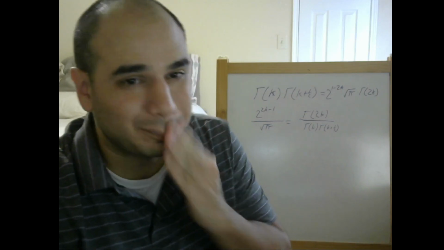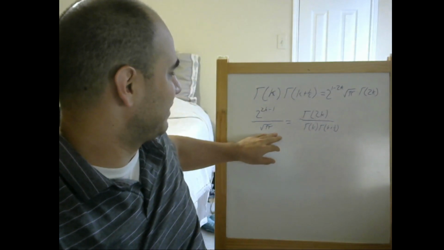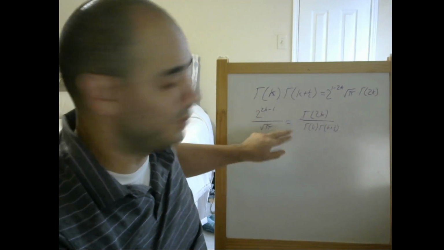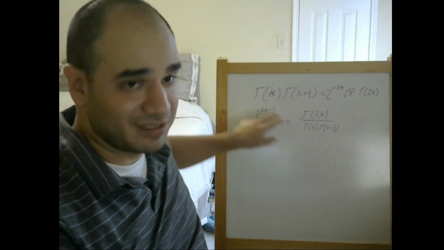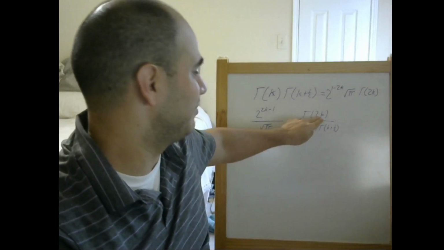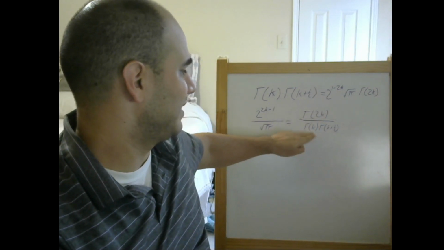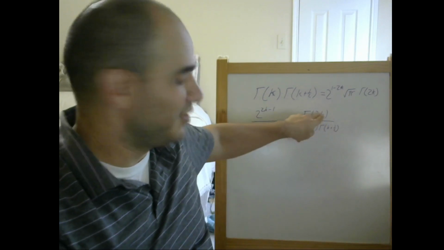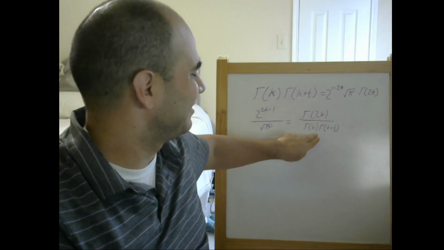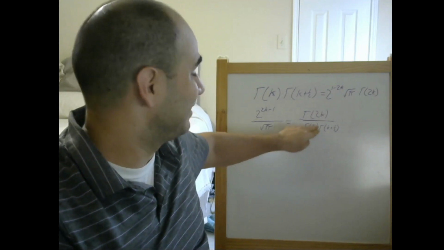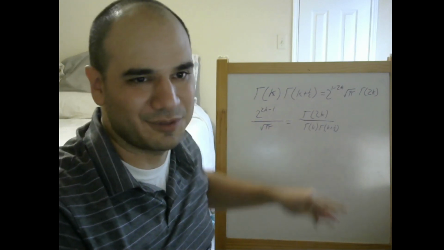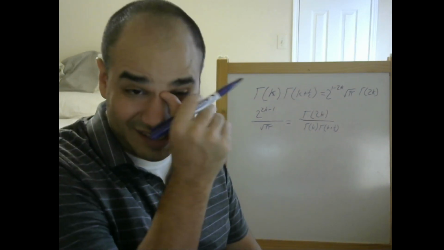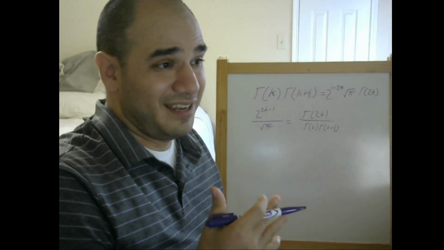Okay, so when we have it in this form, we have something where we have this input variable. We have k, or we can call it n if we want. So we have something that's raised to an exponent of our input variable, and then divided by this product of gamma functions. And the input for the numerator is more or less twice the input for the denominator function. So k and k plus a half.